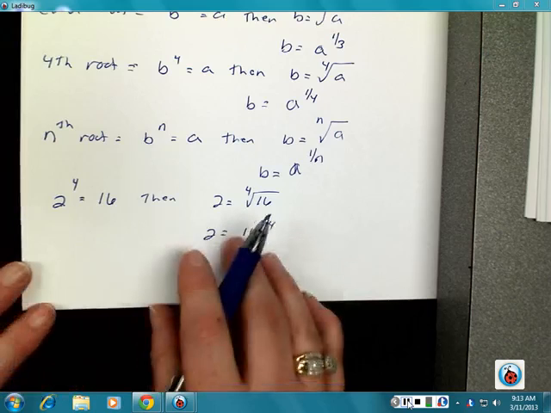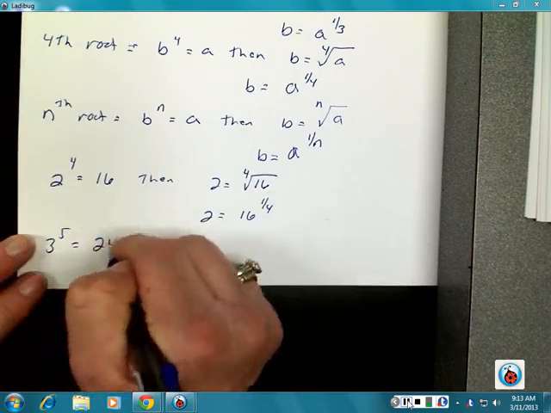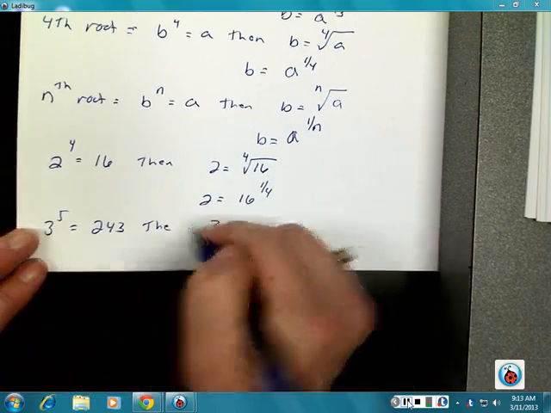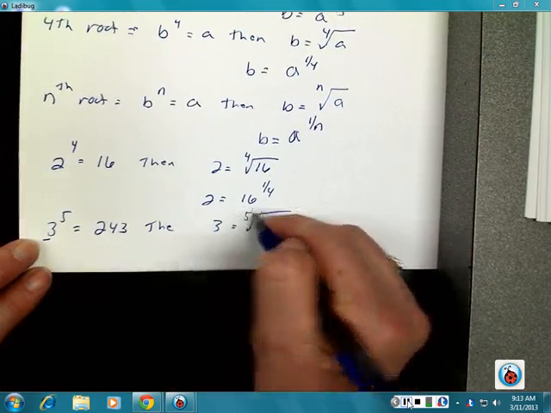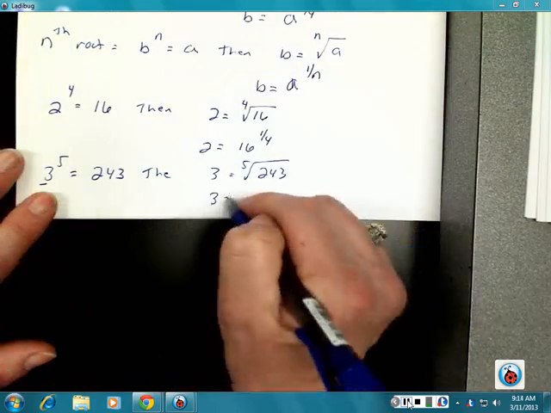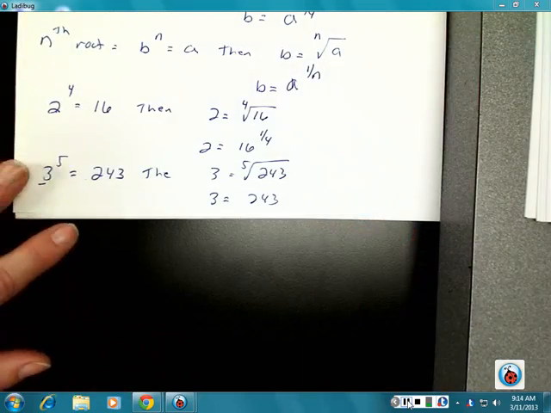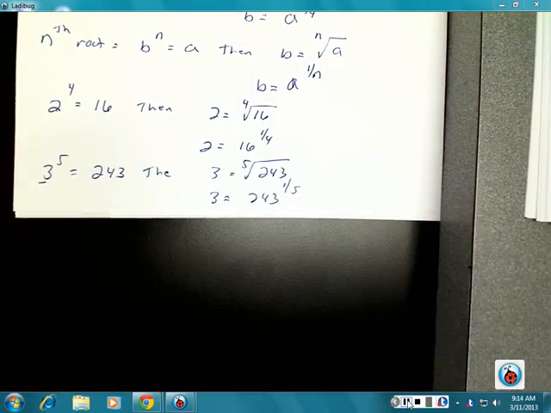So if we had 3 to the 5th power is equal to 243, then 3, which is my base, is equal to the 5th root of 243, or 3 is equal to 243 to the what fractional value? 1/5. Yeah, to the 1/5 value.